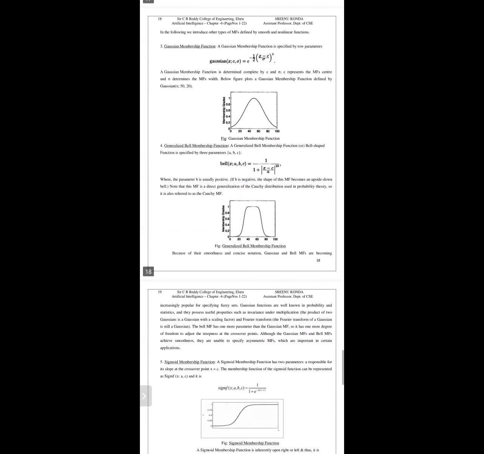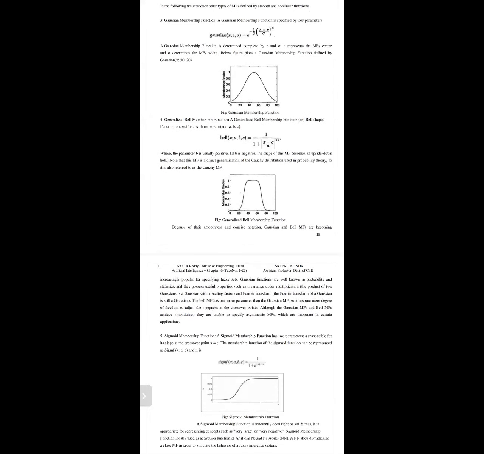Next, because of their smoothness and concise notation, Gaussian and Bell membership functions are becoming increasingly popular for specifying fuzzy sets.